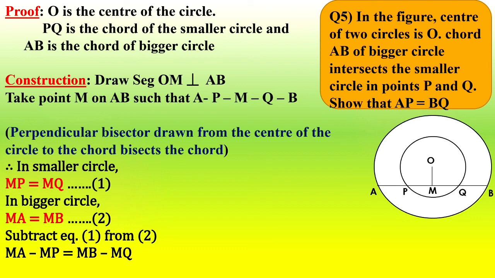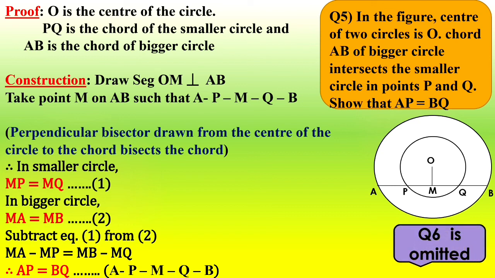So if you see in this figure, from MA we minus MP, what is remain? AP. From MB, if we minus MQ, it remain QB. So here we get AP is equal to BQ. APMQB are collinear.